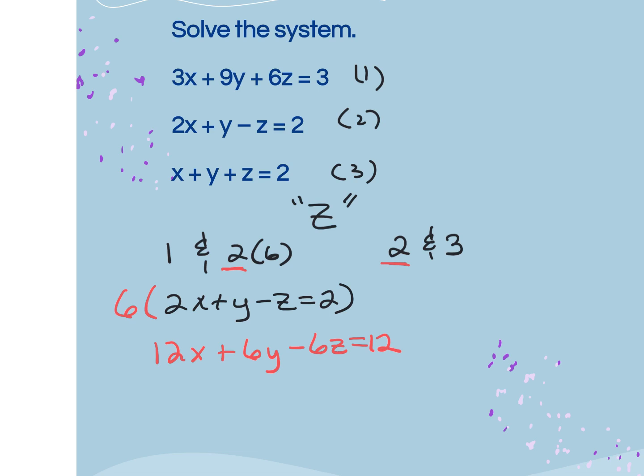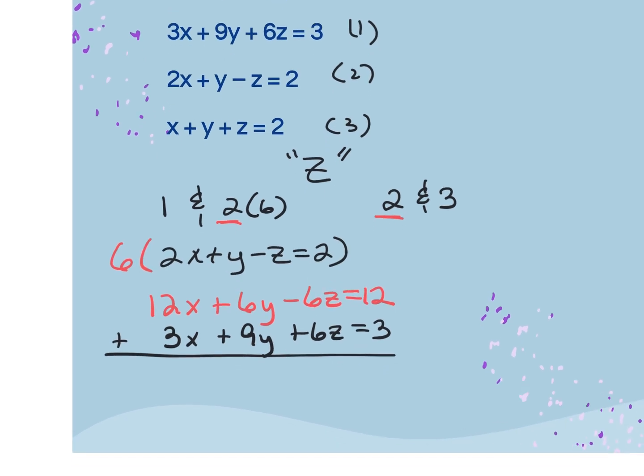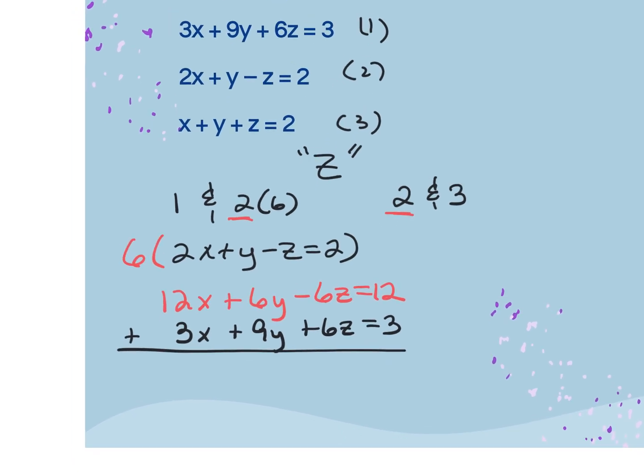I'm adding that to number 1, so let me write equation number 1 underneath it, so all my x's, y's, and z's are lined up, and my constant. If you're ever given a problem that's not lined up, you need to fix it. So now I'm going to add them together. Once I add them, the z's cancel, and I'm left with 15x plus 15y equals 15.